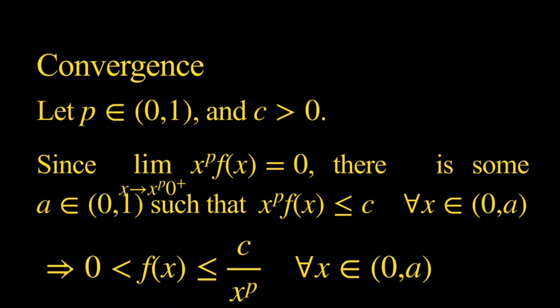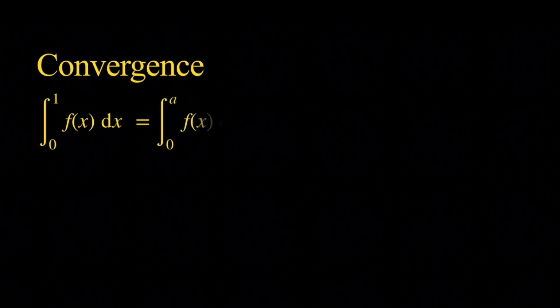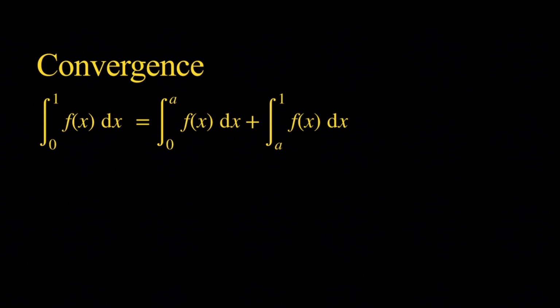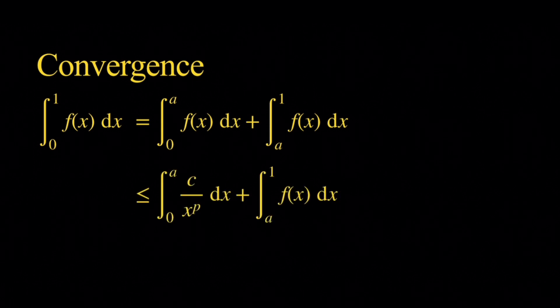Now we're going to look at the integral of f. Now the integral of f from 0 to 1 is the integral from 0 to a plus the integral from a to 1. Now from a to 1, we have an upper bound for f. So f is bounded above by c over x to the p.